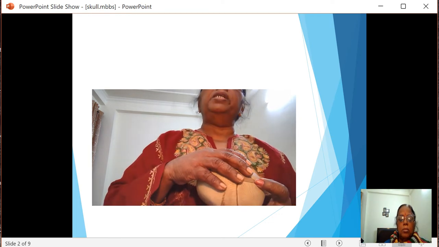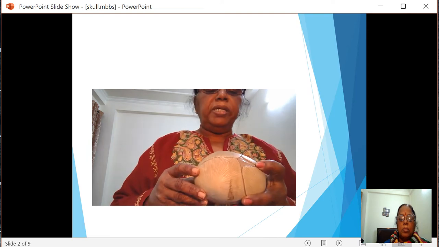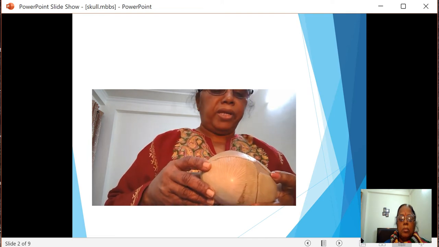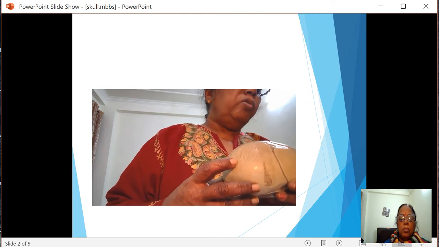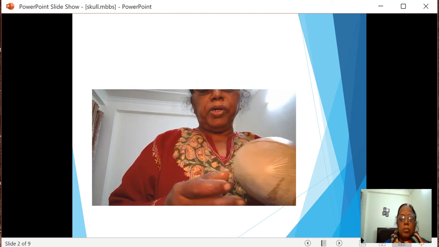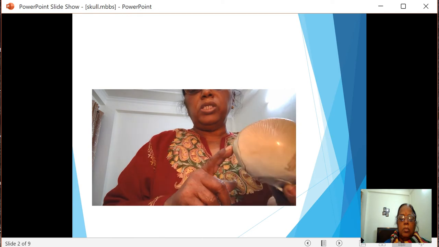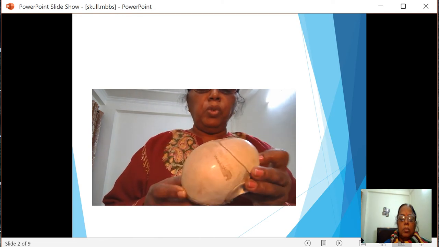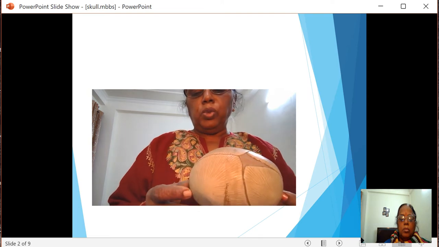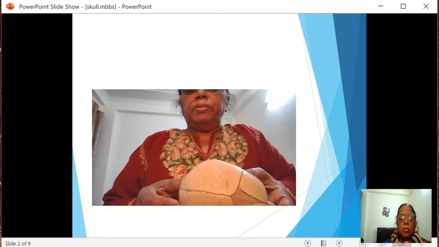Again here the presentation is vertex, but it is not completely flexed. The next diameter is occipitofrontal. The occipitofrontal is from the occipital protuberance posteriorly to the root of the nose anteriorly. So this is the diameter.